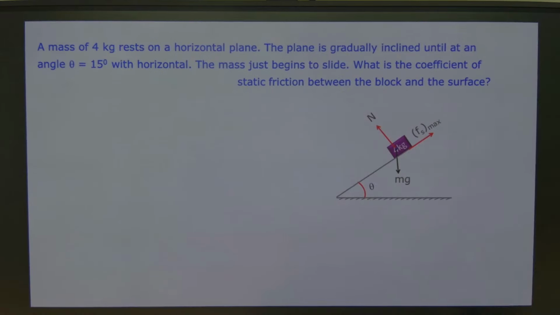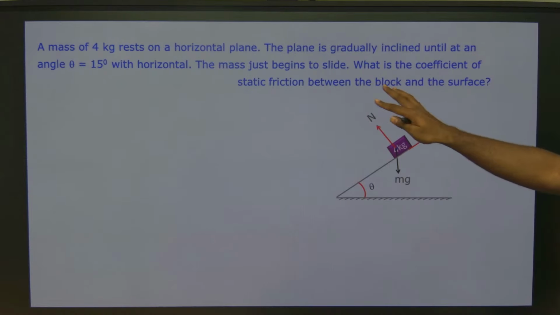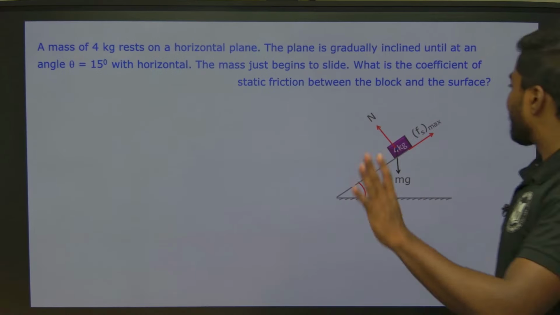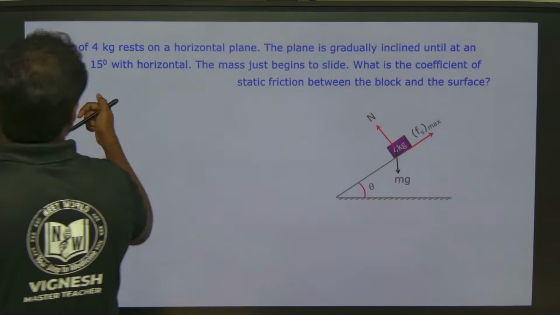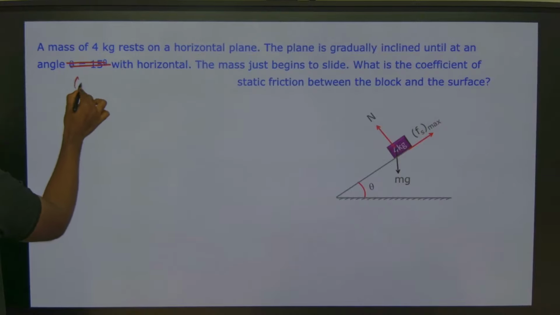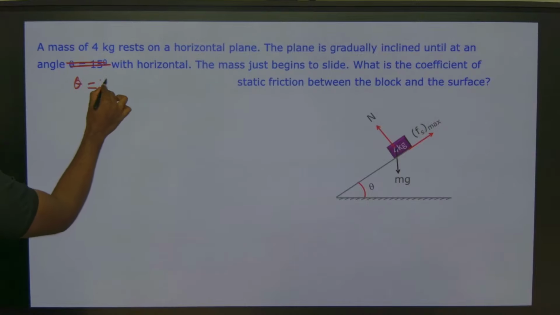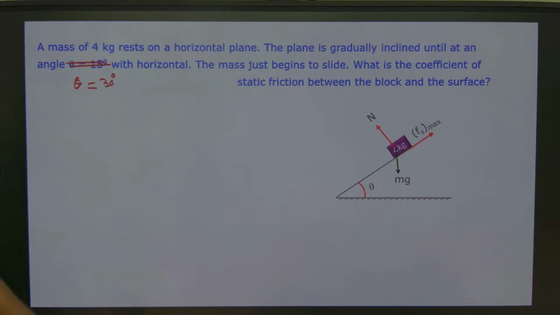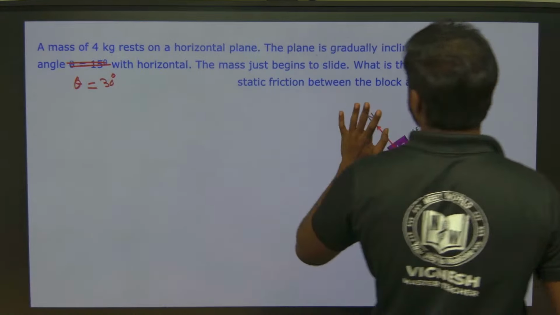So here is the question. A mass of 4 kg rests on a horizontal plane. The plane is gradually inclined until an angle of 15 degree. Okay, so let me take this angle as theta equals 30 degree. The mass just begins to slide.